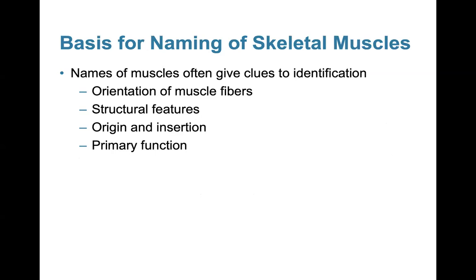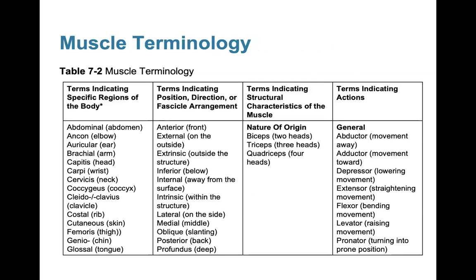Now, the basis for naming of skeletal muscles: the names of muscles often give clues to identification, such as the orientation of the muscle fibers, structural features, origin, insertions, and primary function. And here are some different muscle terminologies. These are some names that you might see. Terms indicating specific body region, so they're actually describing a particular body region.